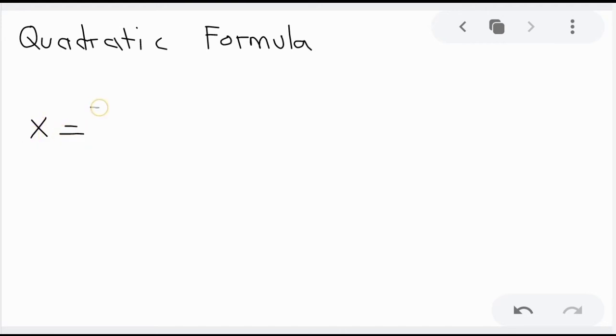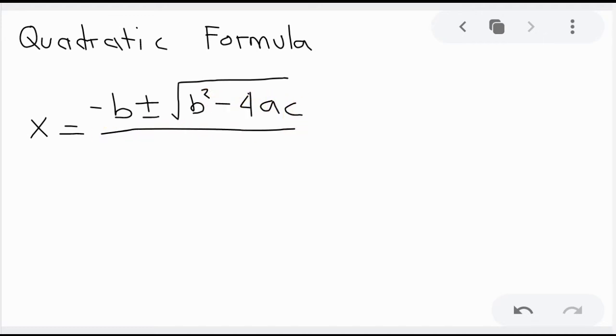X equals negative b plus or minus radical sign b squared minus 4ac all over 2a. That's the song.